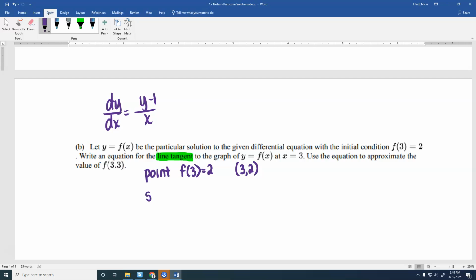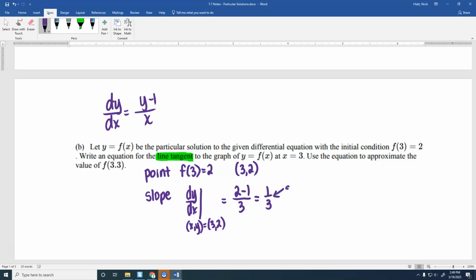We need the slope. And how do we find a slope? F prime of 3, but they don't give us F prime. But they do give us dy dx, which is the derivative as well, right? So we can do dy dx at x, y equals 3, 2. And that is going to be 2 minus 1 over 3, which is going to be 1/3.